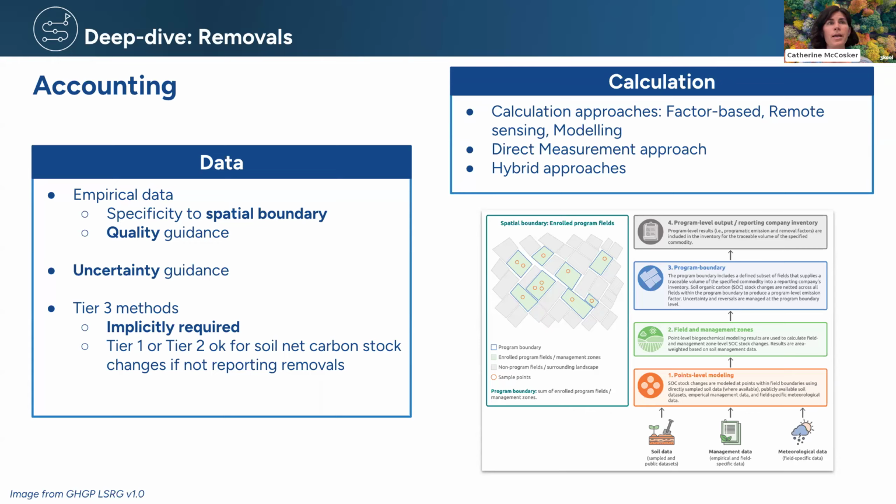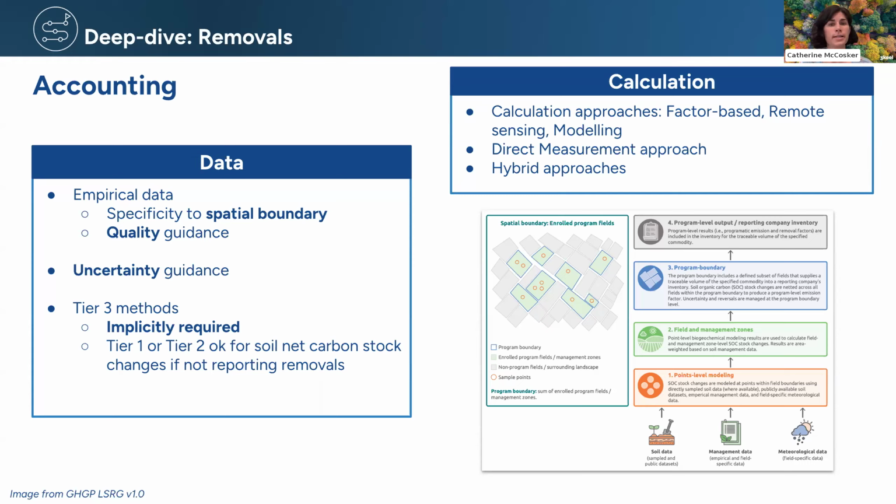So the LSRS does not actually explicitly require tier 3 for removals reporting, but it implicitly requires it. You can't not use a tier 3 because of the requirement for empirical data, which lifts you up into that tier 3 methodology. It also implicitly recommends it in various ways.